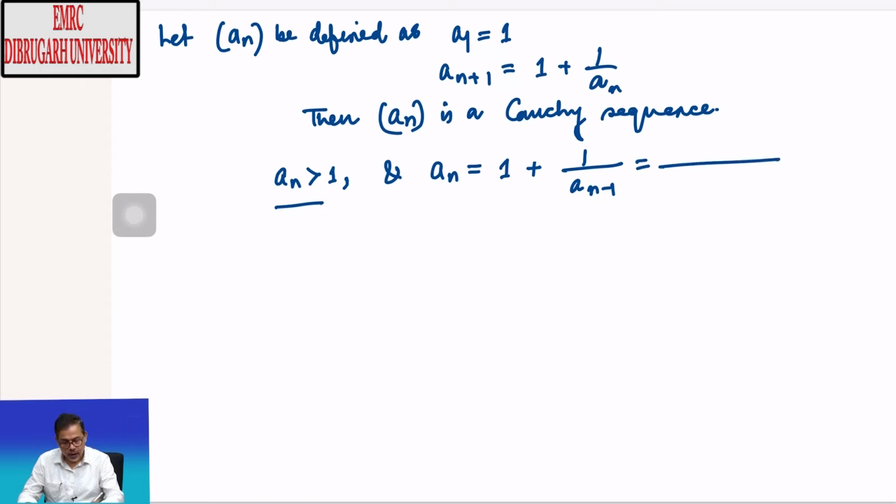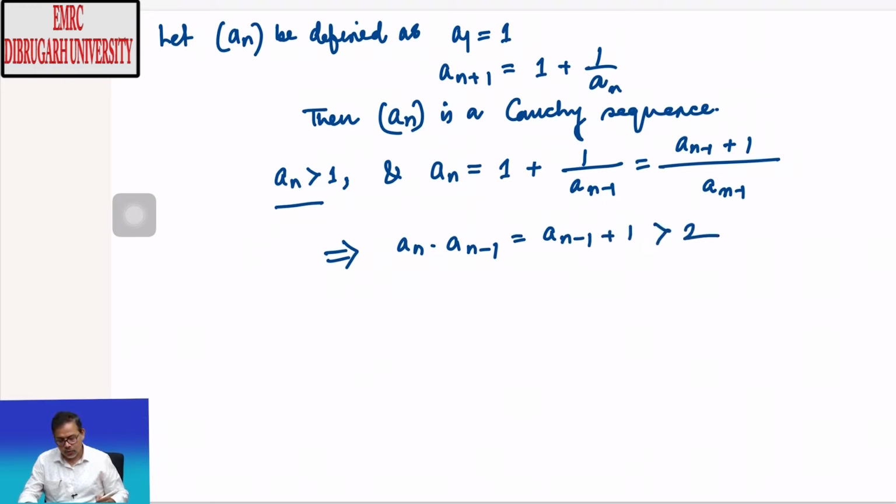Therefore, if I take the LCM, this turns out to be a n minus 1 plus 1 over a n minus 1. This implies a n times a n minus 1 is equal to a n minus 1 plus 1, which is greater than 2, because a n minus 1 is also greater than 1.